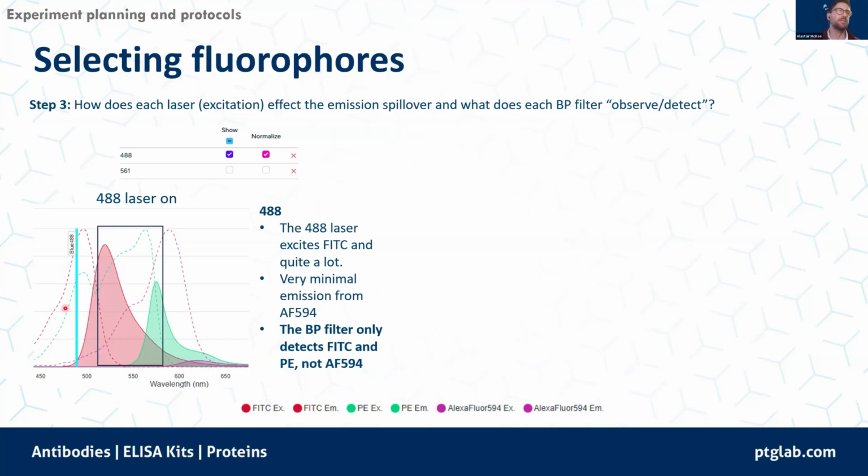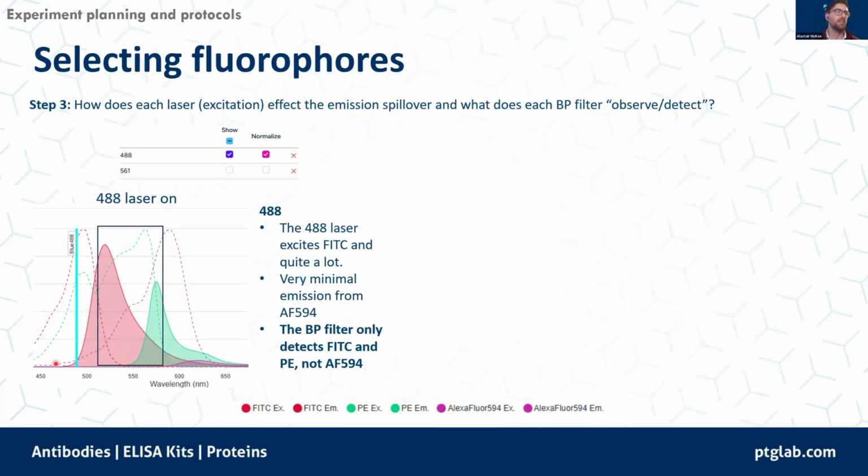But there's a double peak with PE in terms of excitation, and one of those falls into the blue laser. So when we expose these three fluorophores to the 488 laser, we get an emission of FcZero to a very high degree and PE to a slightly lower degree, albeit within our bandpass filter. So that's going to be spillover we have to be aware of.